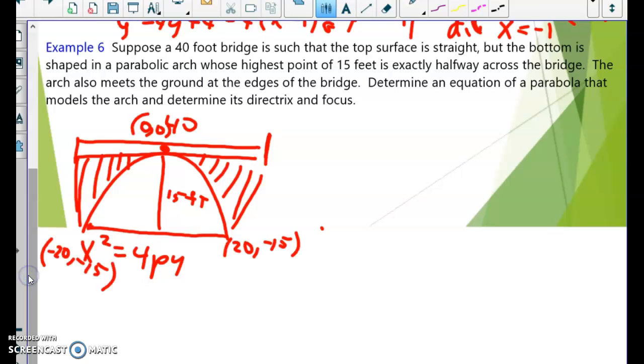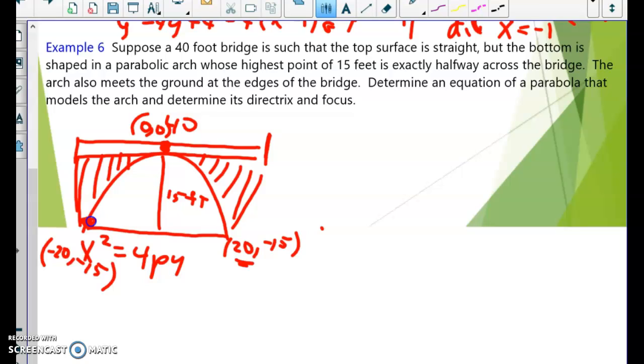Pause. So I labeled my points on here, and I have that this point down here is at (-20, -15), because the height of the parabola is 15 feet. So I get 15 feet down, puts me there. If I put (0, 0) at the vertex, which makes it kind of nice because then I don't have to deal with the h and k. And over here, the other 20 feet of the roadway is on this side at 15 feet down.